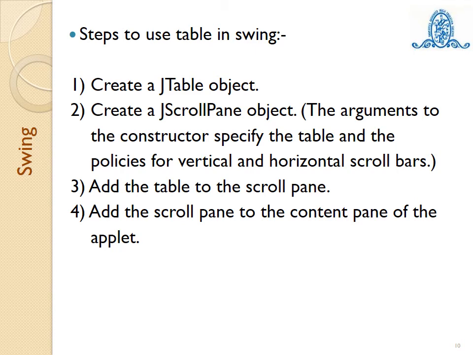Afterwards we can add the vertical and/or horizontal scroll bar. Third step is to add the table to the scroll pane, and then finally add the scroll pane to the content pane of the applet.